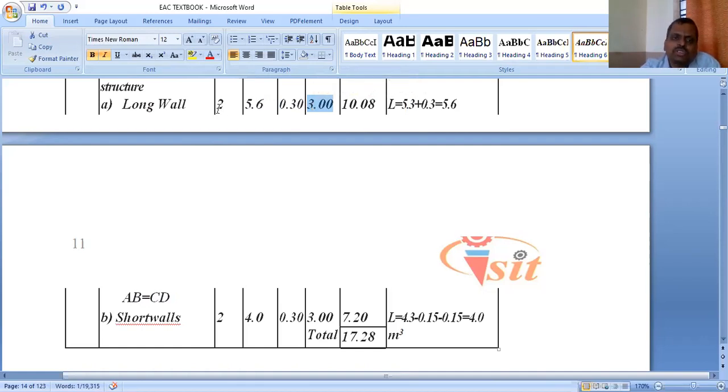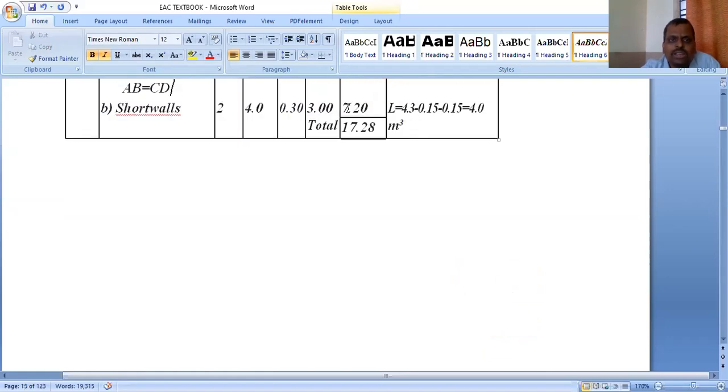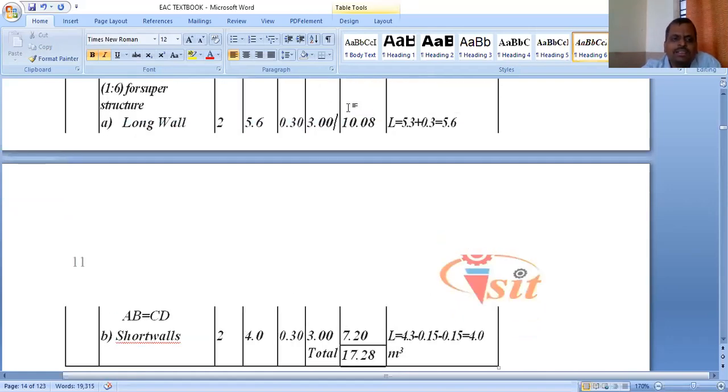So multiply 2 into 5.6 into 0.3 into 3. It comes to be 10.08 cubic meter.